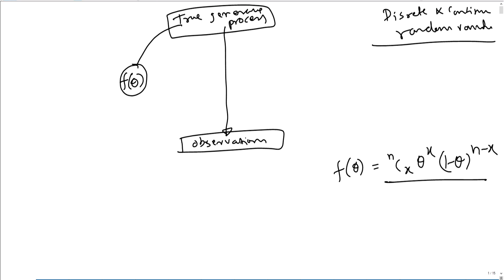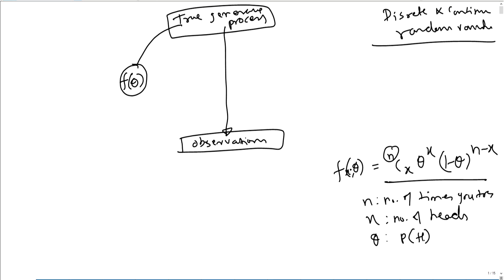This was, by the way, an example for the coin toss experiment, where x is the number of heads you would obtain when you toss a coin n times, n is the number of times you toss a coin, and theta is the underlying probability of obtaining a heads.